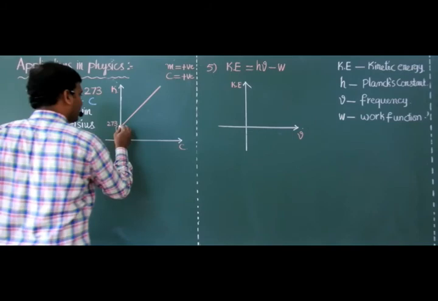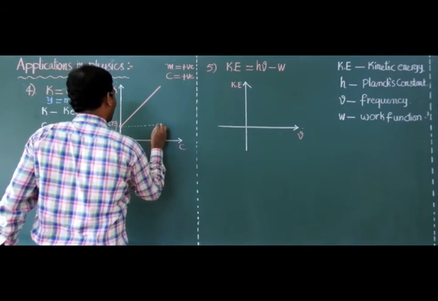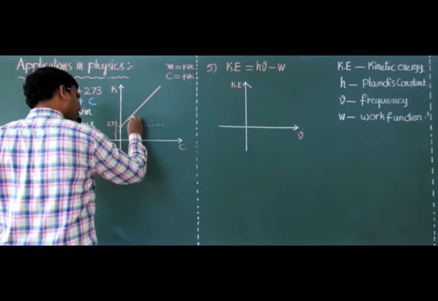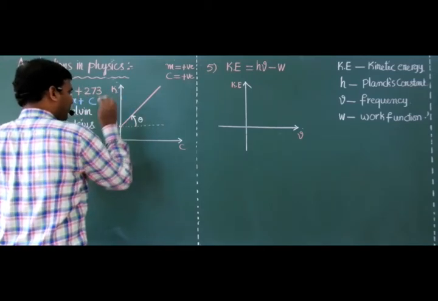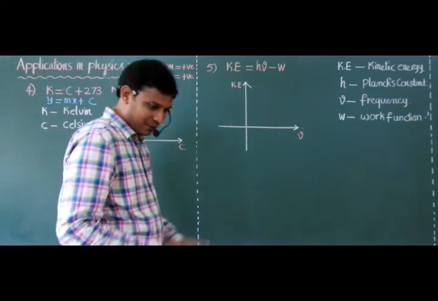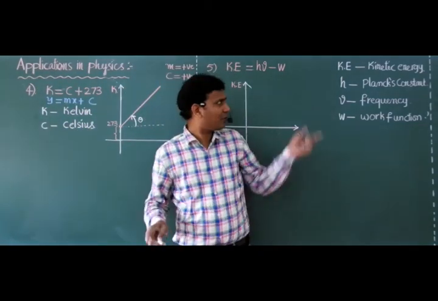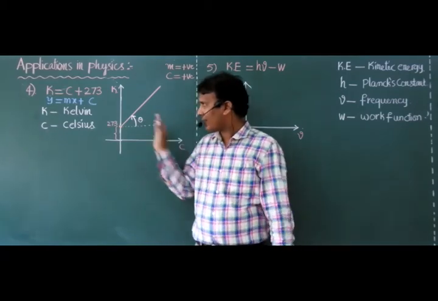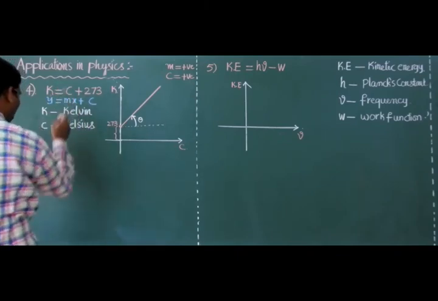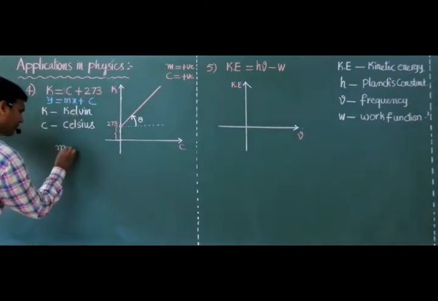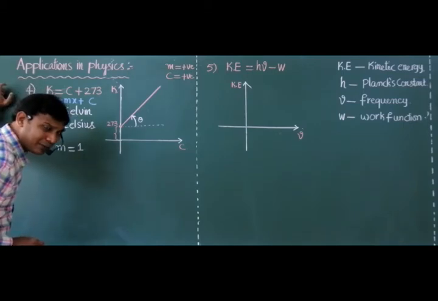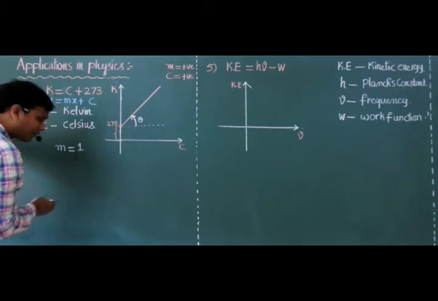Then next, I want to find the angle of inclination. This is theta. Please tell me what is the value of theta. You know the slope value. How much? m is equal to 1. But do you know the formula to find the theta value?